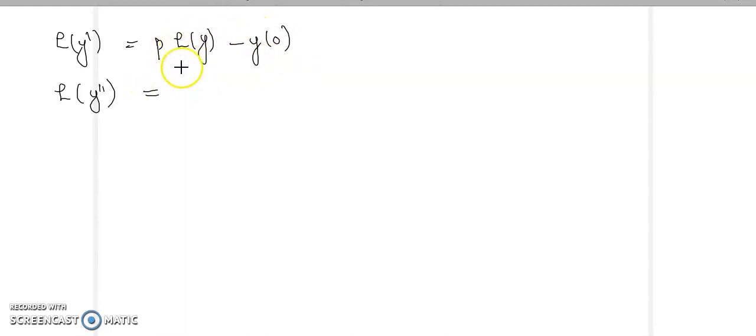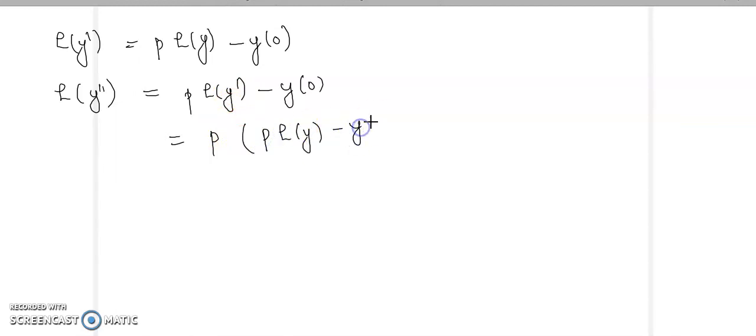So by this definition, L of y double dash is p into L of y dash minus y dash of 0. Okay. Now we know what is L of y dash, that is p into L of y minus y of 0. Here y corresponds to y of 0, so here y dash of 0 will come. Now substitute L of y dash, that is p L of y minus y of 0, minus y dash of 0.